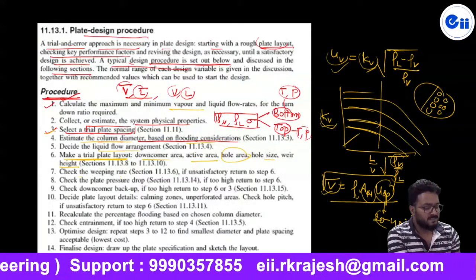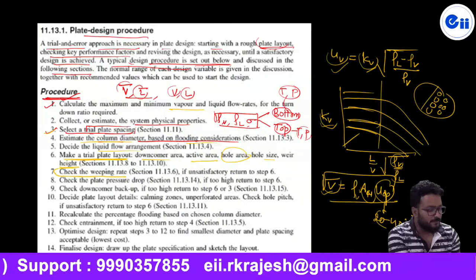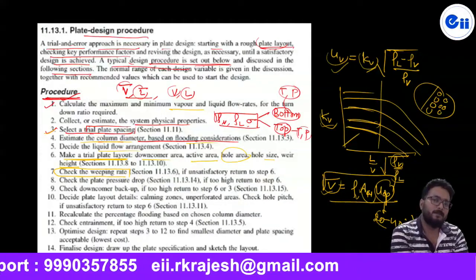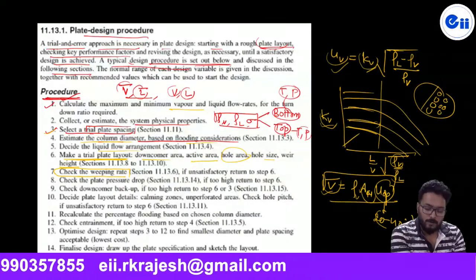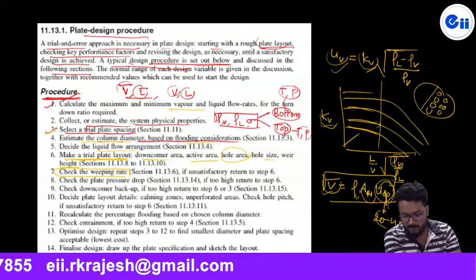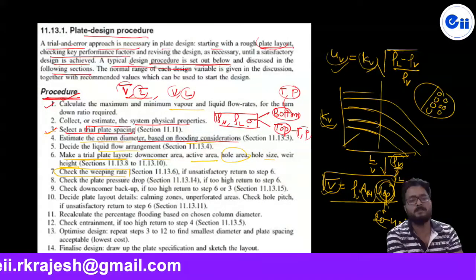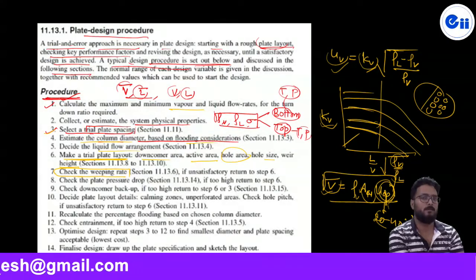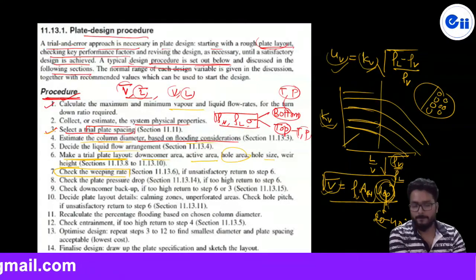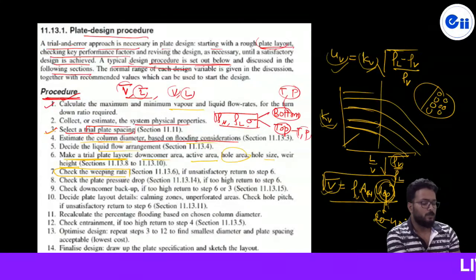Thereafter we should check the weeping rate. Weeping rate means whatever operating velocity we have calculated here should obviously be much more than the weeping rate. Otherwise the weeping phenomenon will take place, and that will reduce the efficiency of the column. So how will we check the weeping rate?